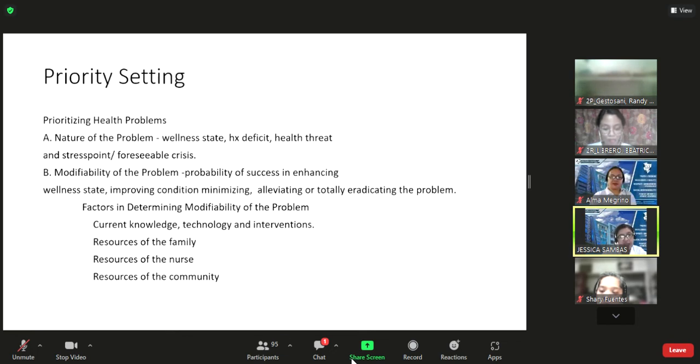Yes. Is it easily modifiable? Partially modifiable? Or lalisod na jud siya i-modify, ma'am. We cannot do anything about it. It's not modifiable. Then we decide for the score. Okay? So please take note of these factors. This can help you a lot when you are going to decide for the scale of your modifiability.